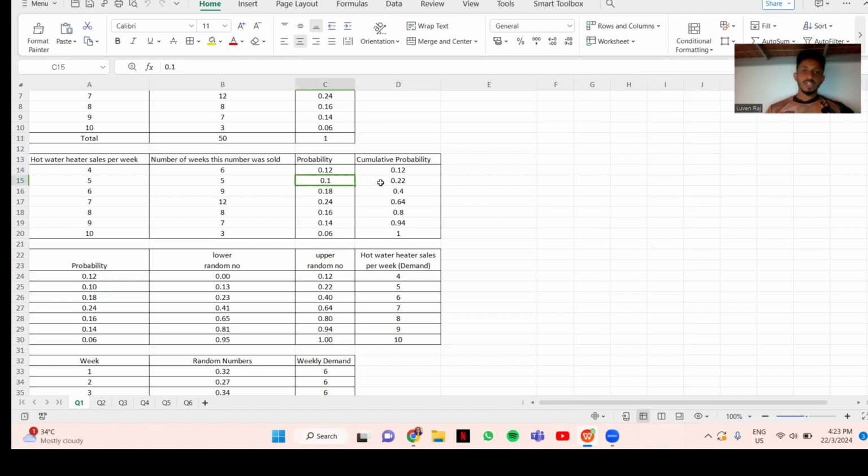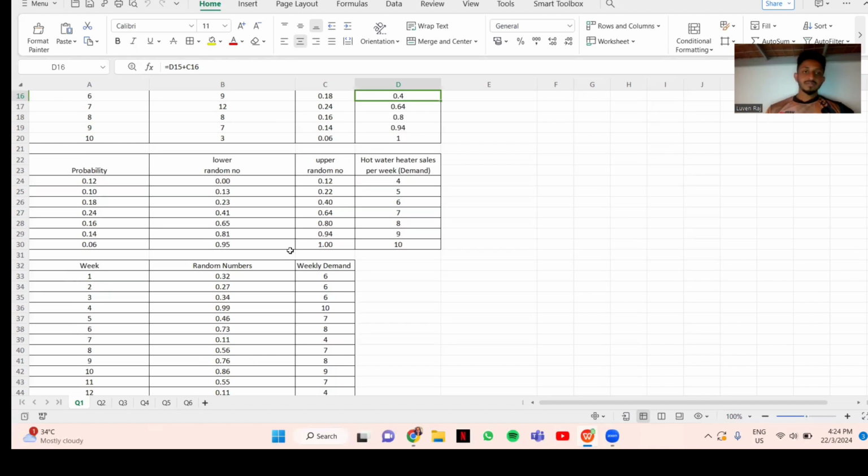To find 0.22, it is 0.12 plus 0.10, which is D14 plus C15, and we get 0.22. The same goes for D15, which is 0.22, plus C16, and we get 0.40. Once we get all the cumulative probabilities, we total up until we get 1.